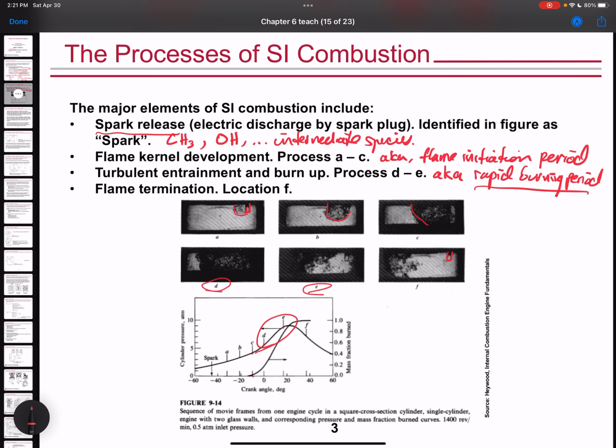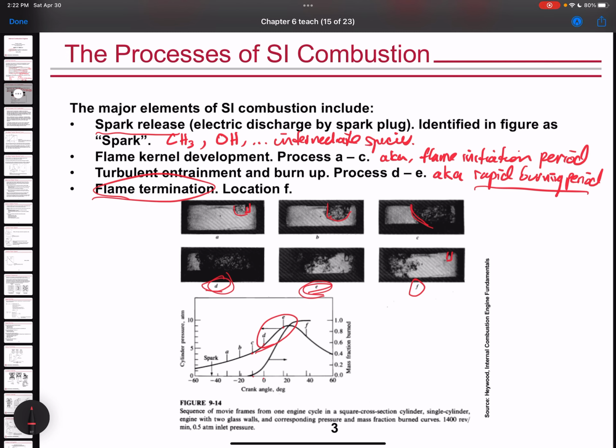Now, eventually, of course, the combustion process is going to come to an end and things begin to die down, and that's, of course, the flame termination period, and again, you can see that in the Schlieren imaging with image F, where essentially, the analogy that I used in the face-to-face class was, this is sort of like a thunderstorm developing on the horizon, and image C and D and some of F is when you have the most dramatic elements of the storm, and there's all kinds of thundering and lightning and heavy rain and hail, and it's just dumping massive amounts of energy on you.